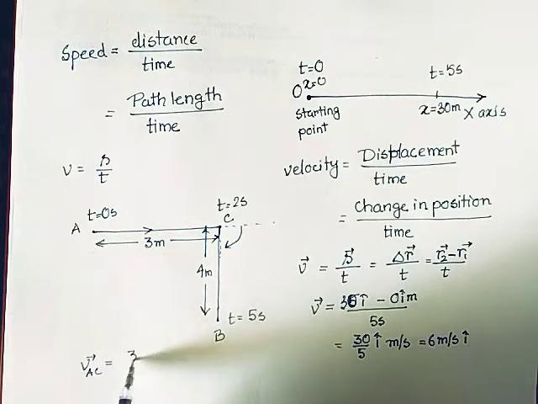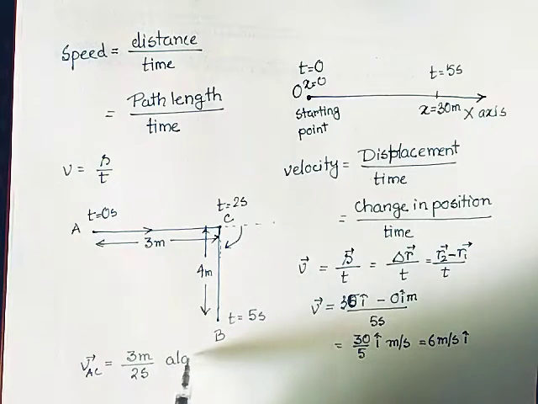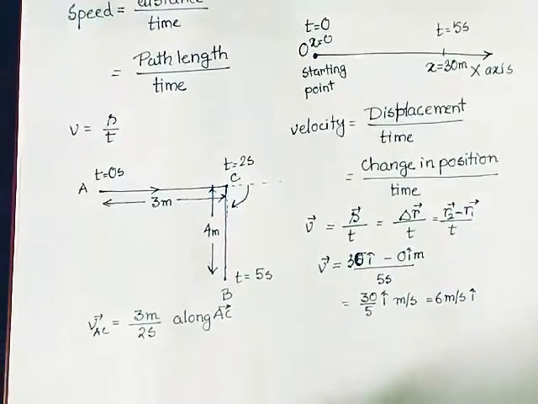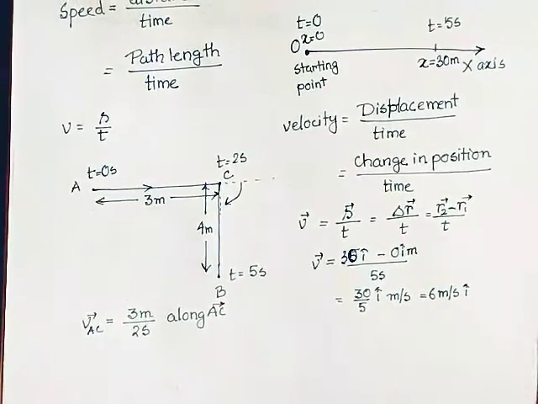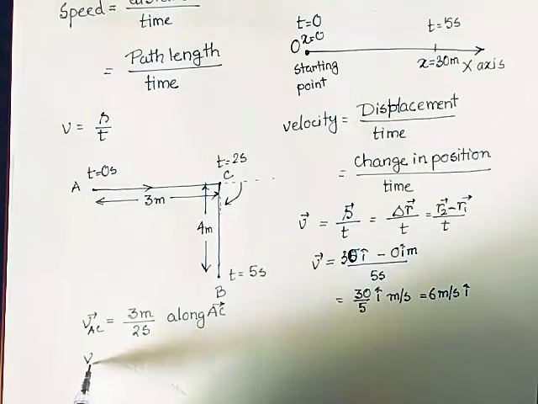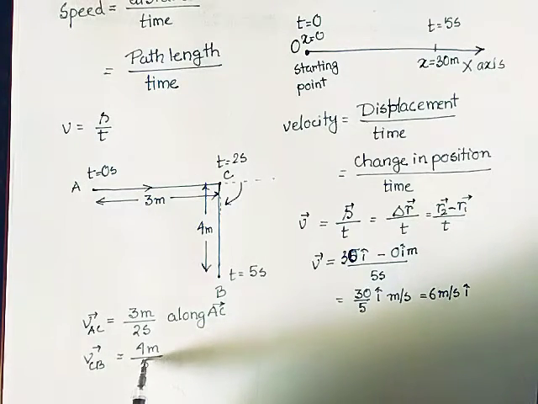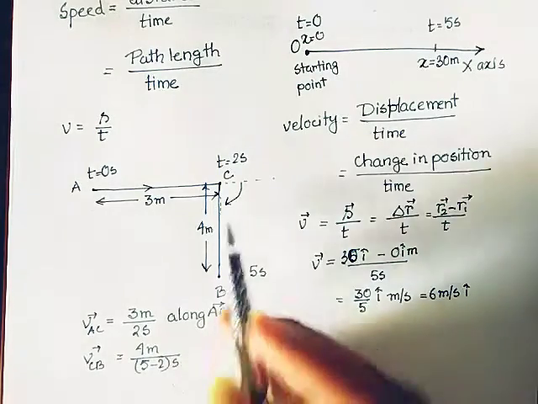That will be 3 meter divided by 2 second along AC, A to C. If I want to find out the velocity in the next section, that is CB, then it will be 4 meter divided by 5 minus 2 second, because it is 2 second here.